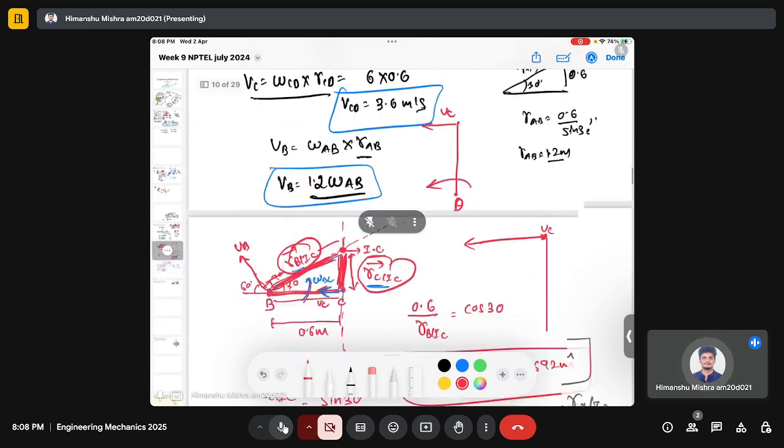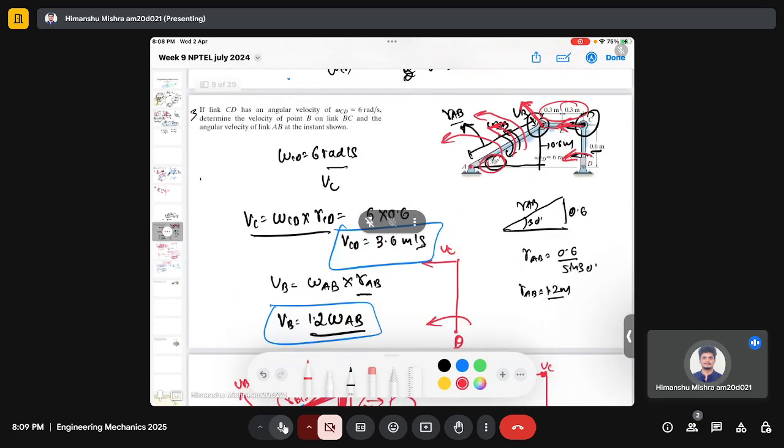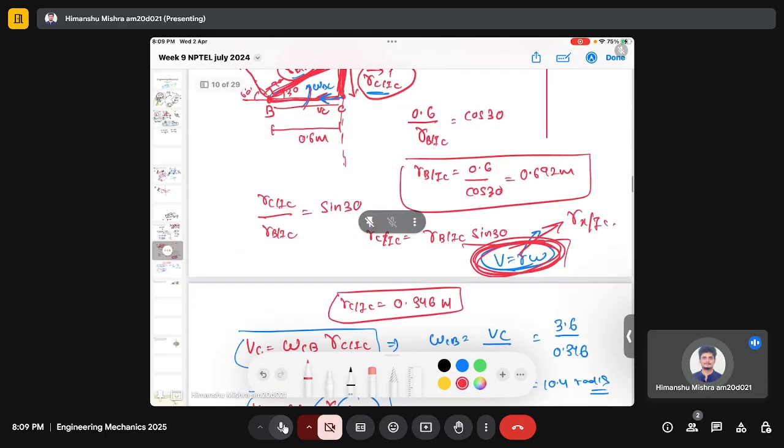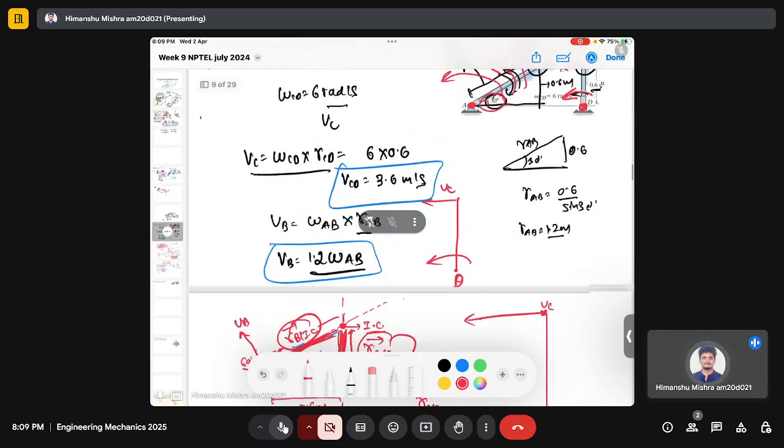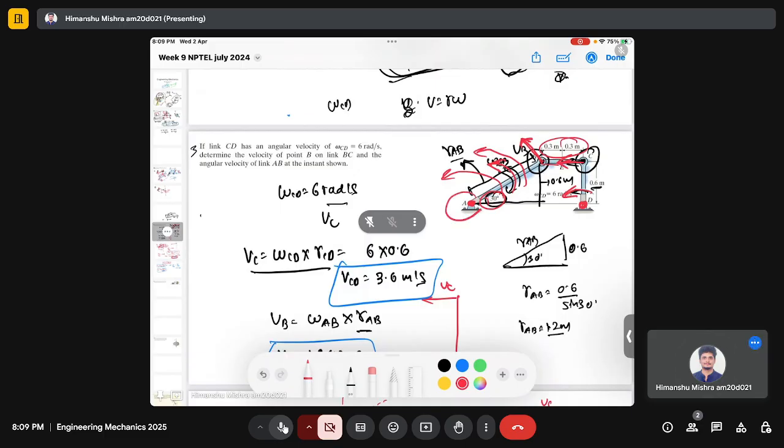We need to use the position vector about which the body is rotating, like here, about point A it is rotating and about point D it is rotating. So we cannot use this equation blindly, because when we don't use the instantaneous center, here about point A, point B is rotating, so we have to use VB equals omega AB and the distance between A and B. Even if you know the distance between A and B, you don't know omega AB.